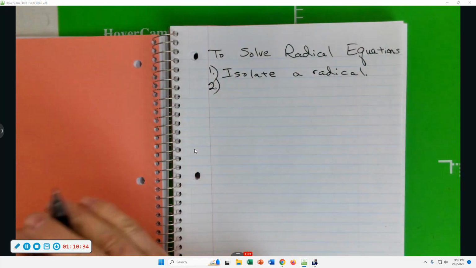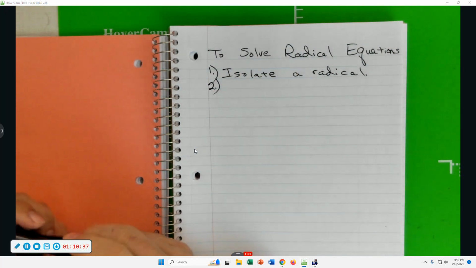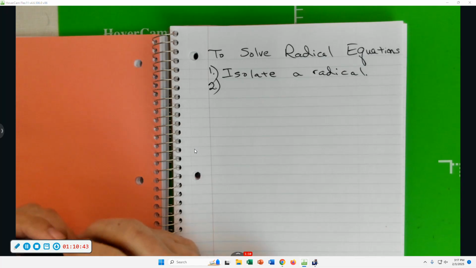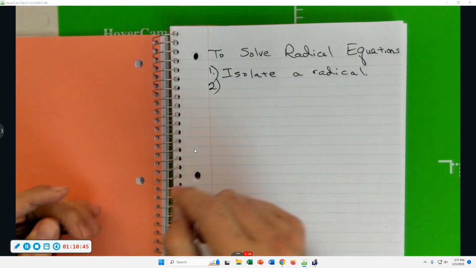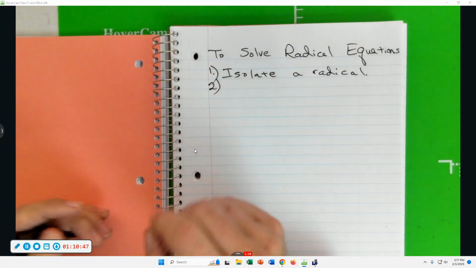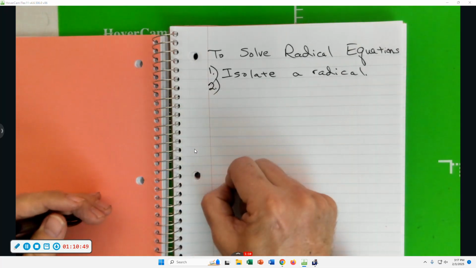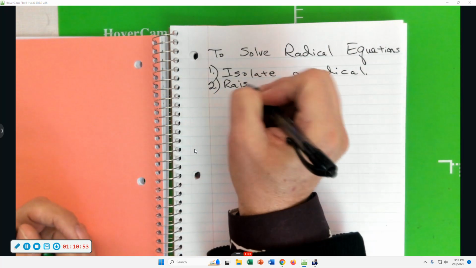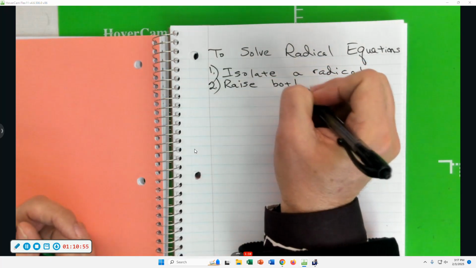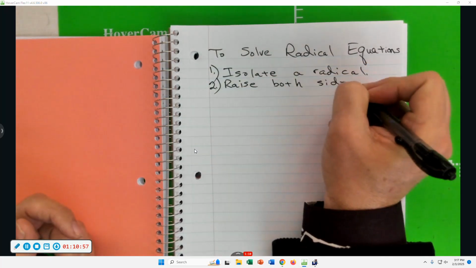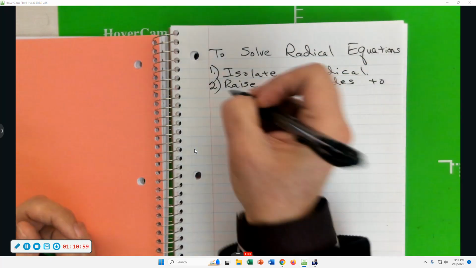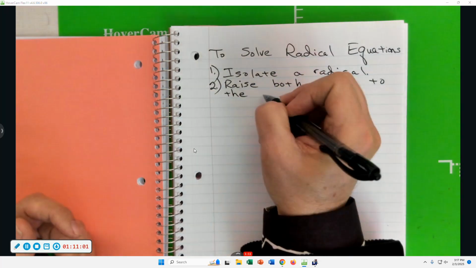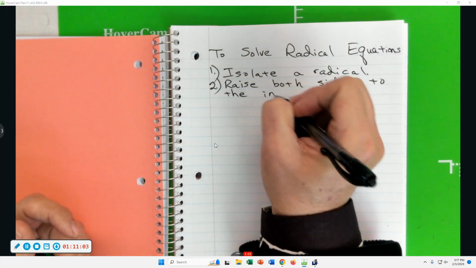And then 2, raise both sides of the equation to whatever the index is on the radical. If it's a square root, you're going to square both sides. If it's a cube root, you're going to cube both sides. I'll say raise both sides to the index.